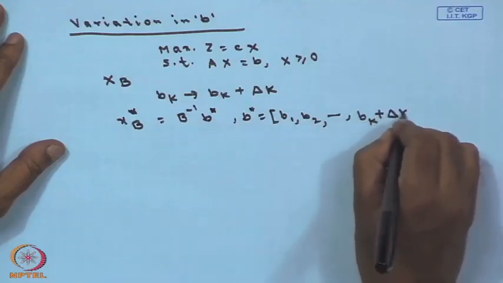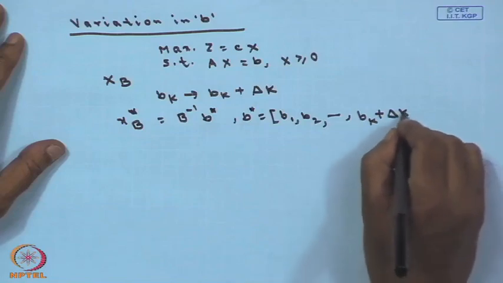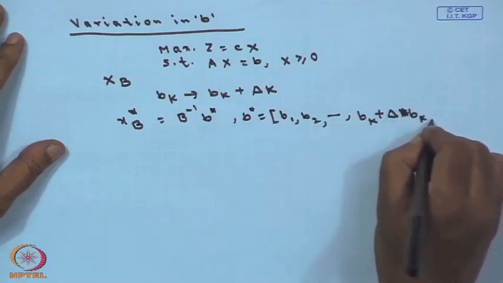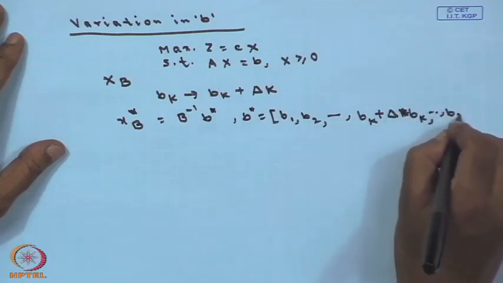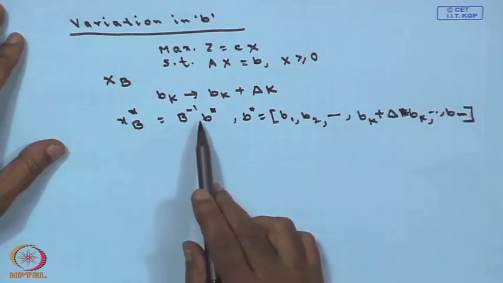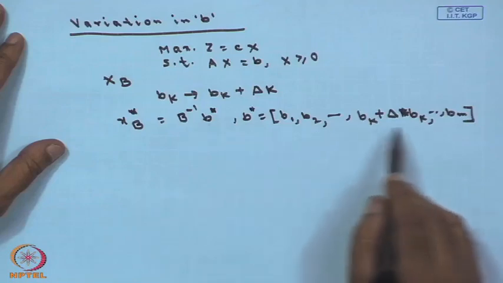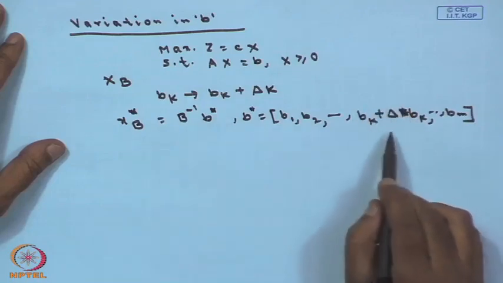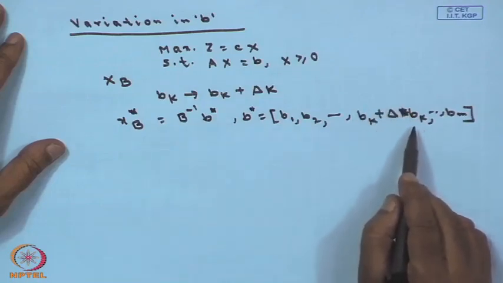So b_k becomes b_k plus delta b_k, and the last one is b_m. So x_B star equals B inverse b star, where in b star, b_k is changed to b_k plus delta b_k.